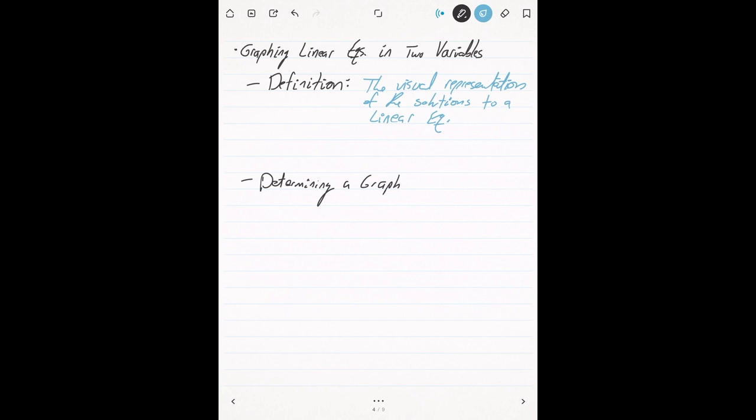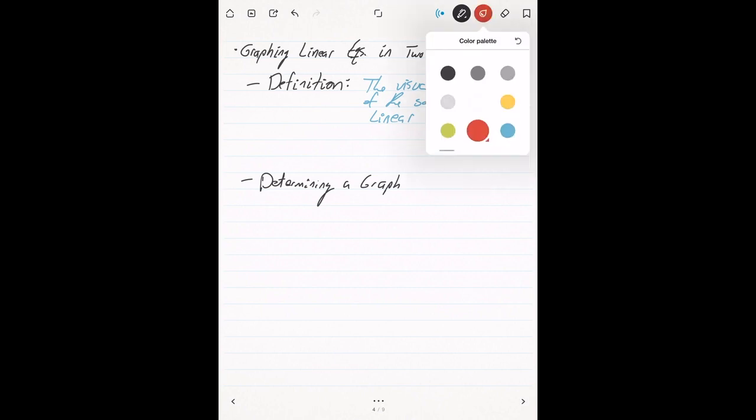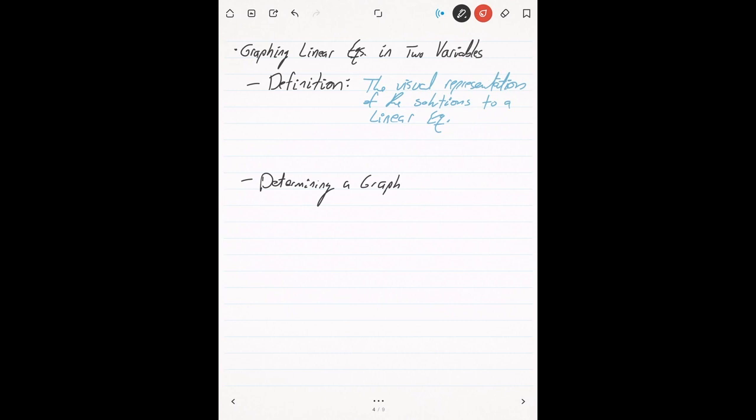First off, let's talk about what the graph looks like. When you have a linear equation in two variables, you are going to have a graph that looks like a straight line. It is a straight 2D line.